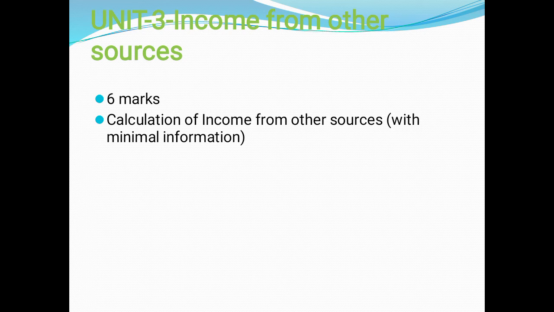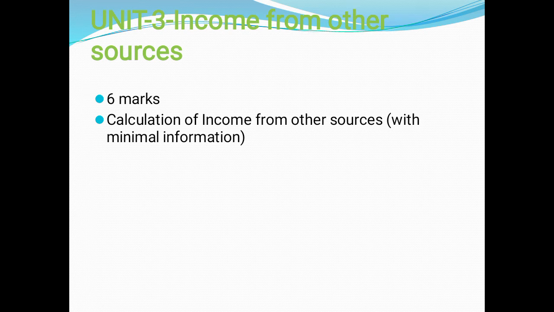So there are many incomes from other sources. They will give some information such as Mr. X received 10,000 from horse race, 3,000 from lottery, 2,500 from crossword puzzle. Like that they will give certain information where you have to calculate the income from other sources.